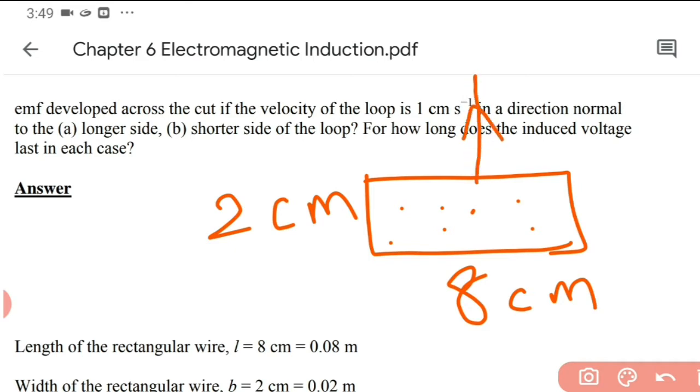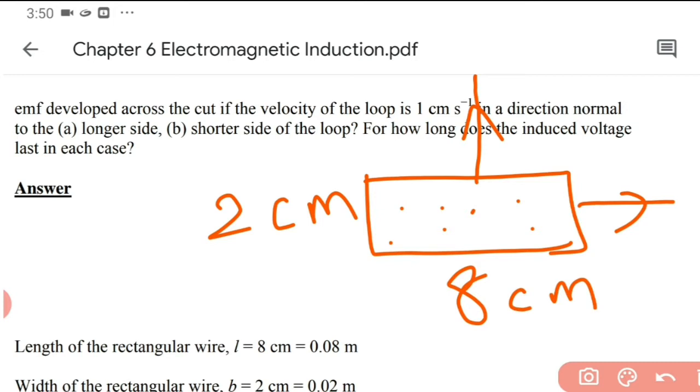That means dragged out of the field. Perpendicular to the shorter side means in this way it may be dragged out of the field. The speed with which it is taken out is given, that is 1 cm per second. And you are asked to find the induced EMF and how long the induced voltage lasts in each case.